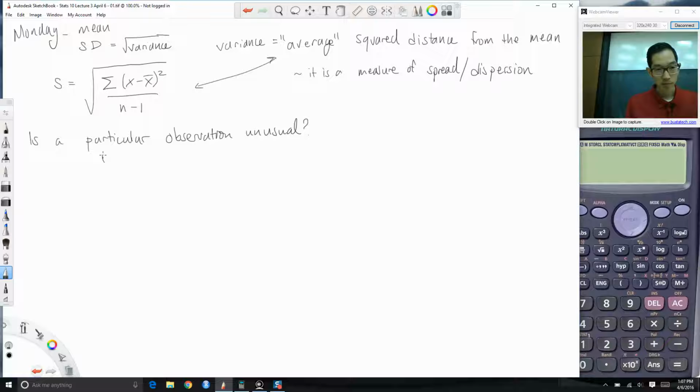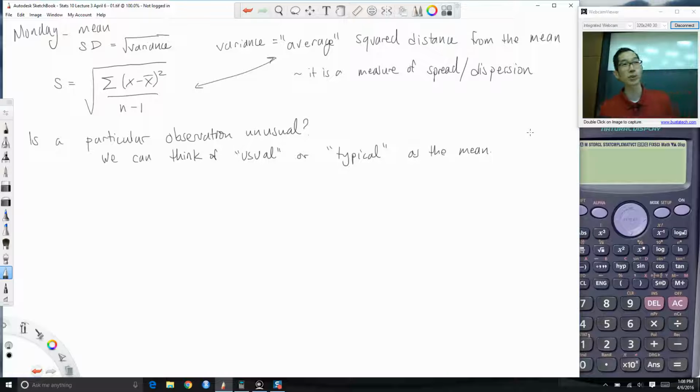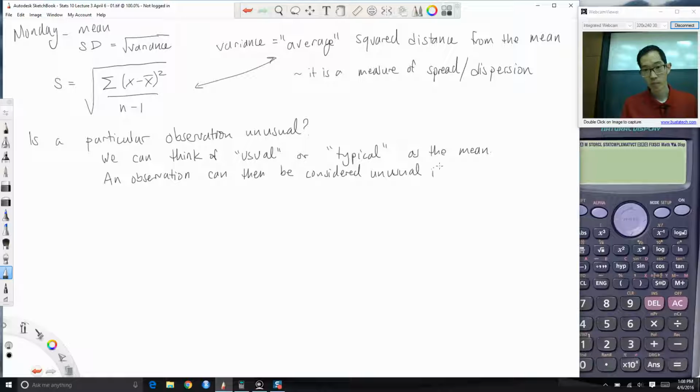So we can think of quote usual or typical as the mean, and then we would say an observation is unusual if it's far away from the mean, okay?